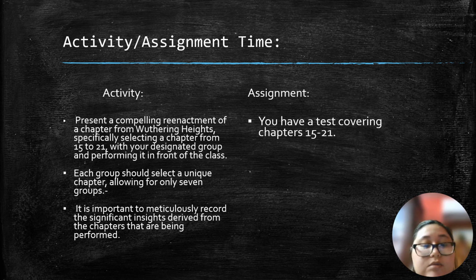Remember, each group should select a unique chapter, allowing for only 7 groups. It is important to meticulously record the significant insights derived from the chapters that are being performed. Your assignment will be a test covering chapters 15 through 21. So please pay attention and record notes.